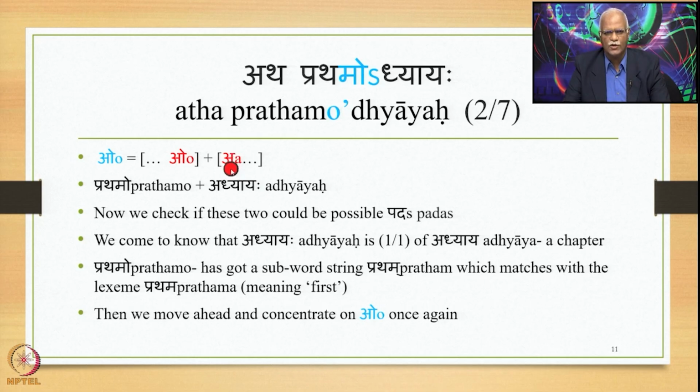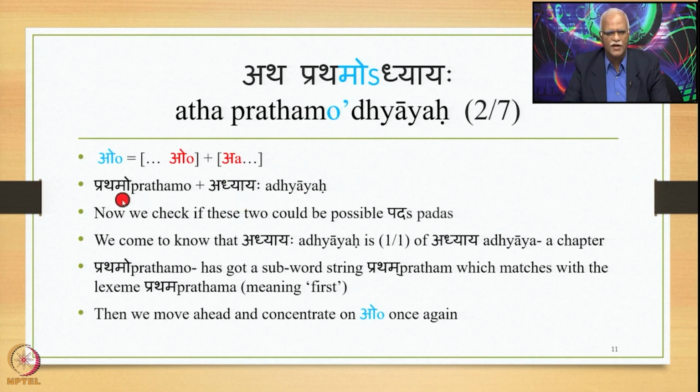If we apply this knowledge to Atha Prathamodhyayah, we note that Prathamodhyayah can be split into these two components, Prathamo and Adhyayah. Now if we check if these two could be possible padas, we come to know that Adhyayah is 1/1 of Adhyaya. Adhyaya means a chapter as given in the lexicon. So as far as the right hand side is concerned, its form, its shape is confirmed.